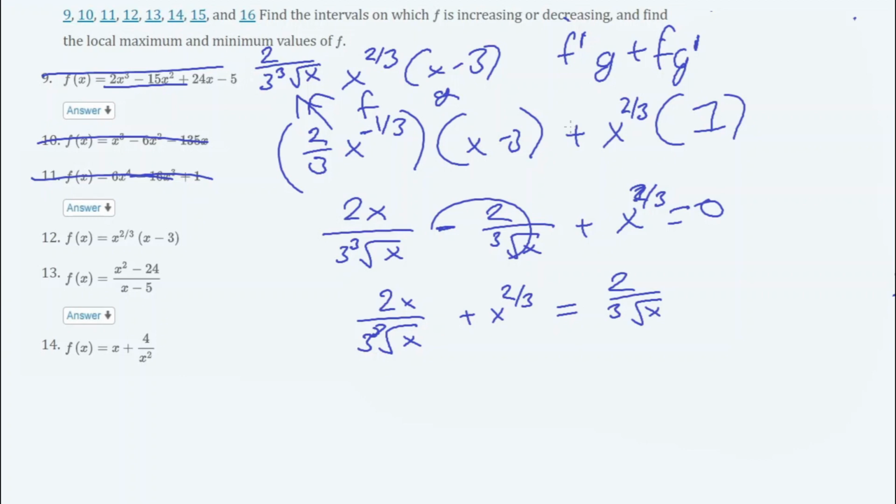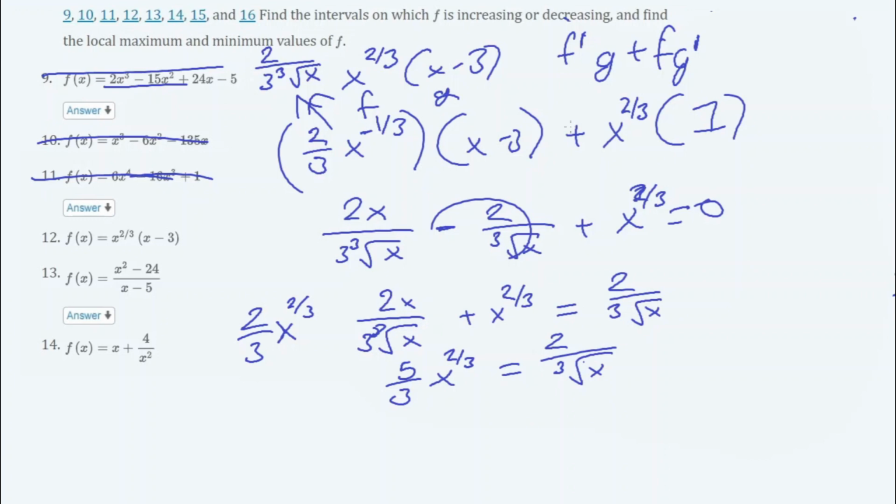So we could simplify this. 2x over 3, we could take out the 2 over 3, so we have 2 over 3 times x over x to the 1/3, which would be 1 minus 1/3, giving us an exponent of 2/3. So 2/3 x to the 2/3, and then plus x to the 2/3. If we combine them, we're going to have 5 over 3 x to the 2/3 power, and that's going to be equal to 2 over the cube root of x.